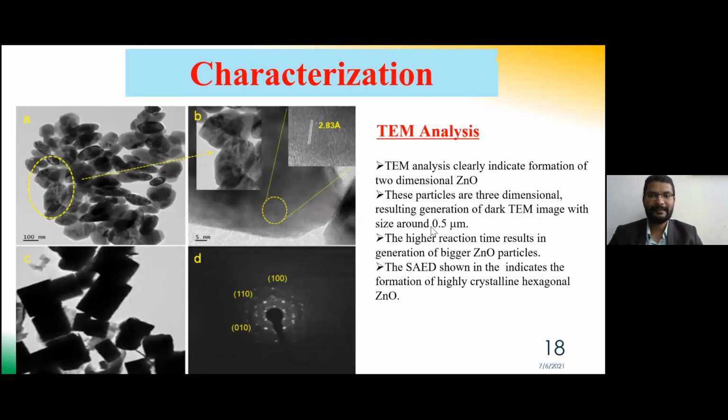The TEM analysis indicates formation of two-dimensional zinc oxide material. Dark images are generated afterwards with increasing reaction time, indicating the formation of three-dimensional material. With increasing reaction time, bigger size zinc oxide materials are generated. SAED shows exactly the formation of highly crystalline zinc oxide nanomaterial in my synthesis.